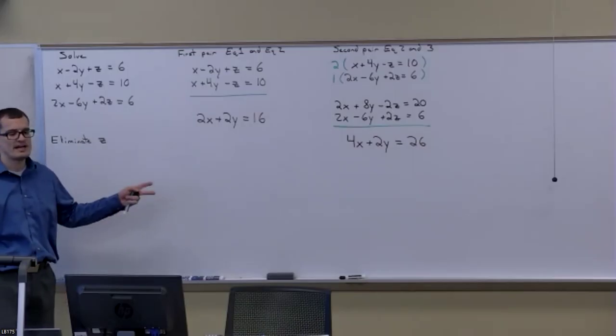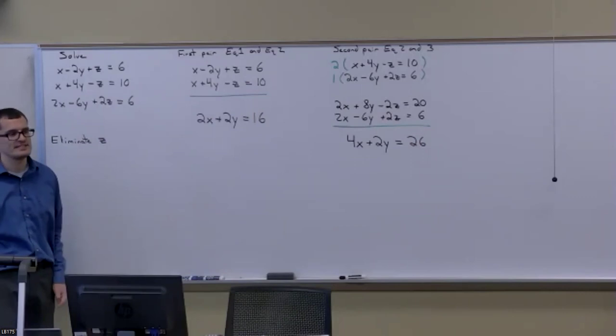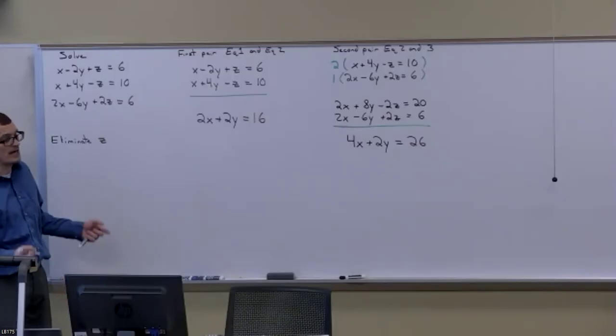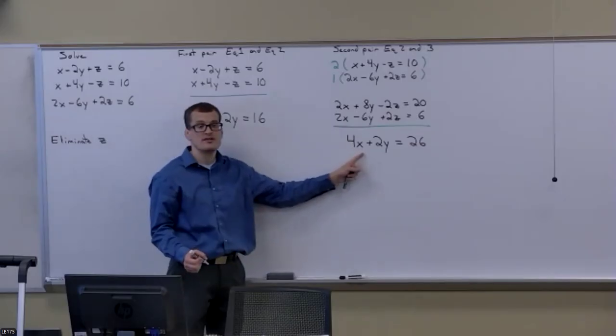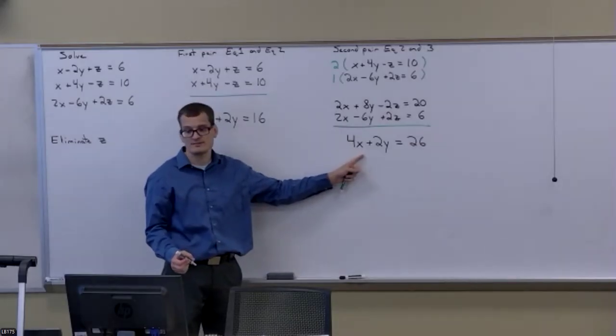So I picked two pairs. I eliminated the z in each pair. Now notice what I am left with. I'm left with two equations that only deal with x's and y's.